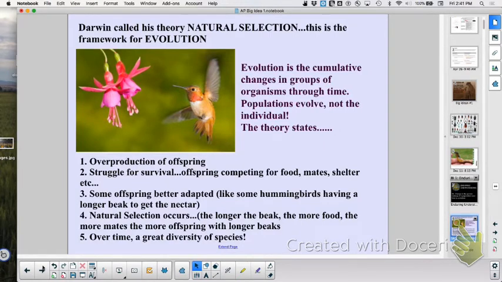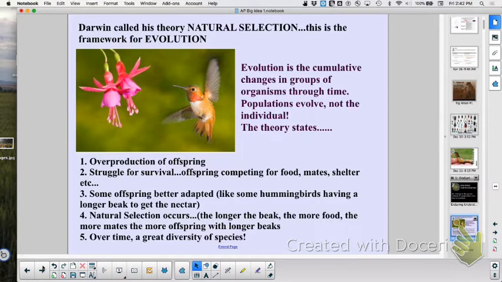More offspring are made than can survive, right? Of those, there will be variations amongst those offspring. Those variations, the only ones that are important are the ones that are in the DNA. Not because one got more nutrients when they were developing than another, right? Not because one got kicked in the head and one didn't, okay? We're talking about you have it in your genes so you can pass it on to your offspring.